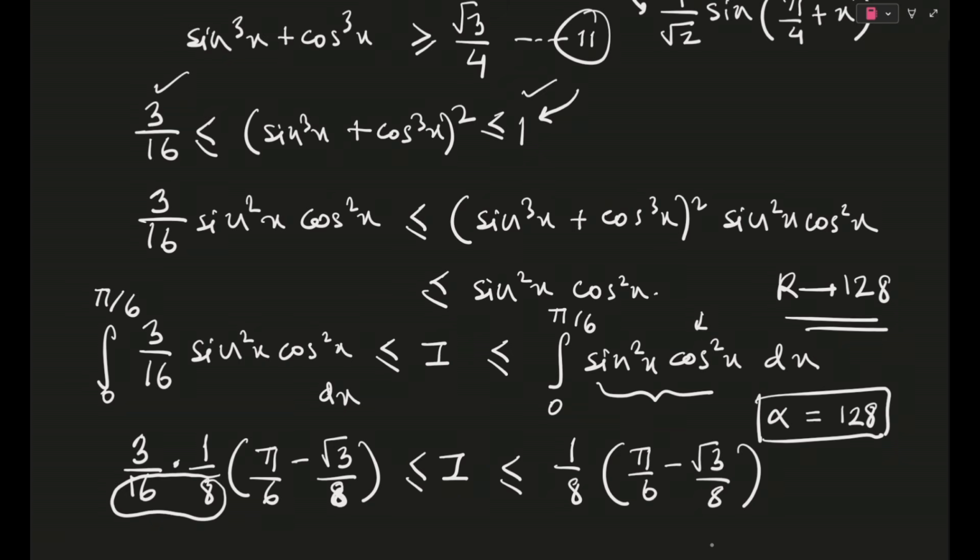But if they give you something out of the box, like I give something that is true, then you can't actually reject that as an option. You can't say it is wrong because still your values of the inequality are well in between. So you have to put in some brains if it doesn't come in the standard integration inequalities formula that you have learnt in your basics.